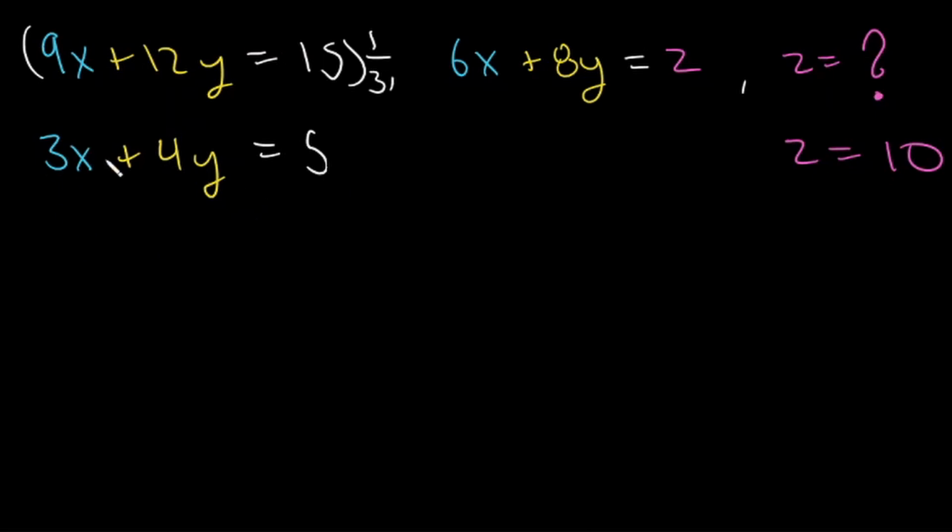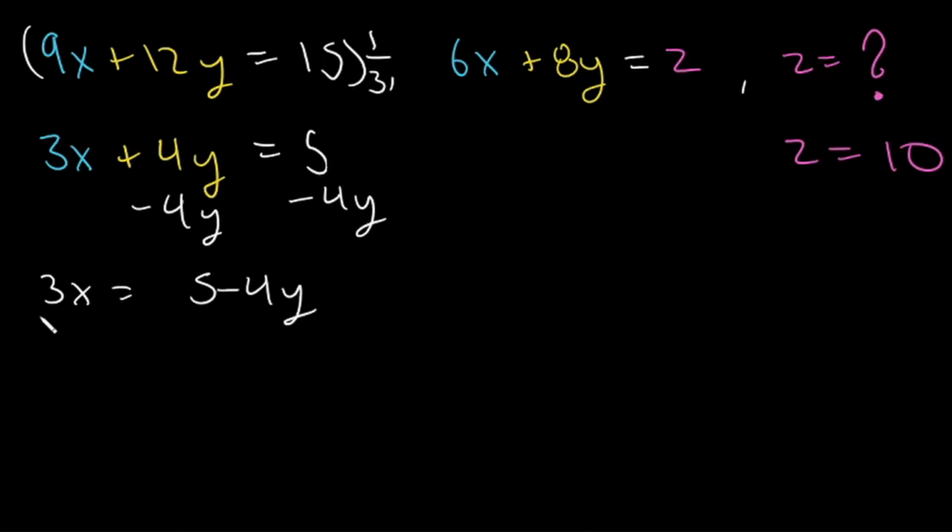Let's solve for one of these variables. I'm going to solve for x. The first step is to subtract 4y on both sides, and then we will have 3x is equal to 5 minus 4y. Now we can divide by 3, and we have x is equal to 5 minus 4y divided by 3.